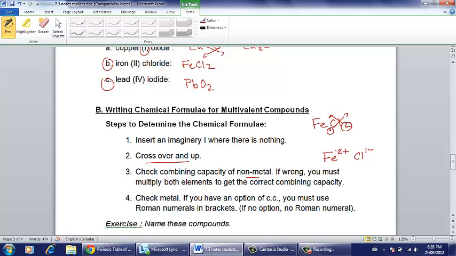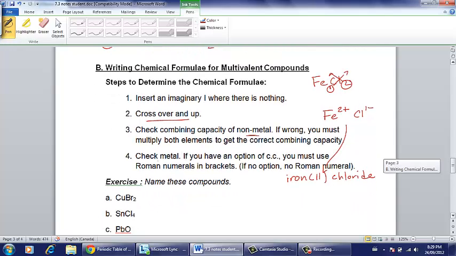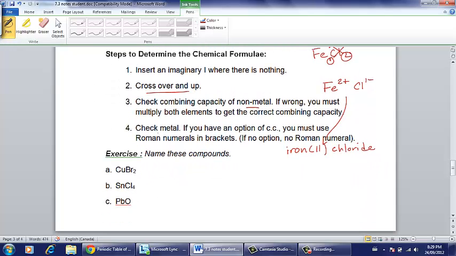It must be iron 2+. We have to indicate that only when it's multivalent. So this would become iron 2 chloride. I had to give the Roman numeral so we knew which iron ion it was.